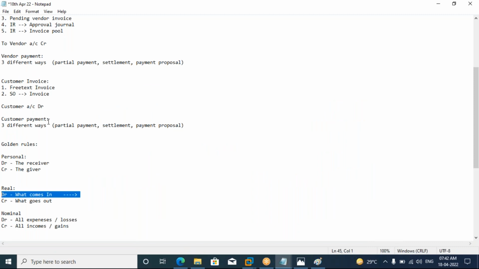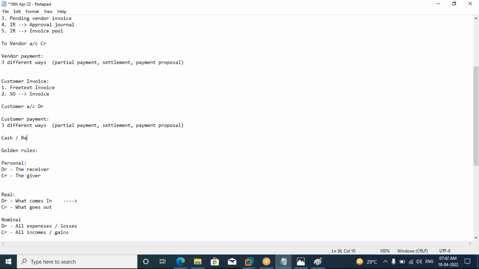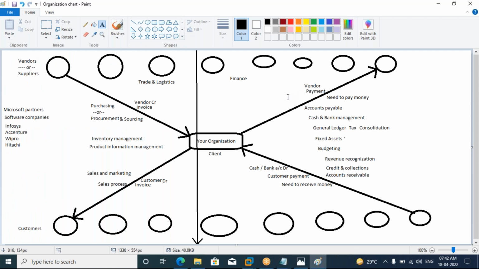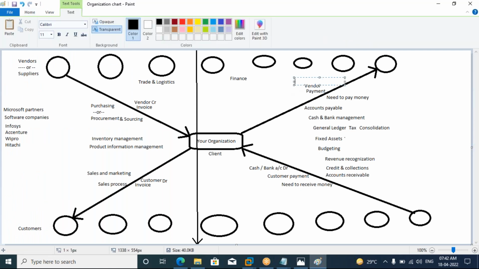That means while doing customer payment, the cash or bank account will be debited. What goes out means money is going out. When will money go out? Whenever I'm doing vendor payment. While doing vendor payment, money is going out. So here, my cash or bank account will be credited.